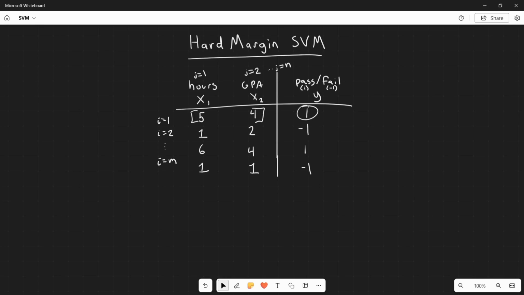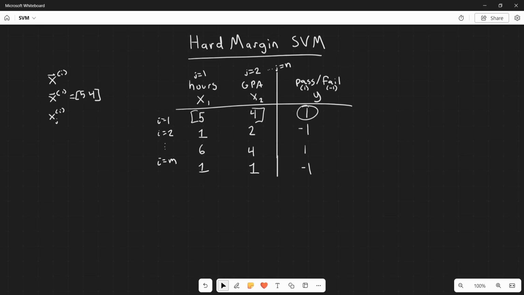And just a little bit more notation that's going to be helpful for us later on is we're going to say x vector at i is going to be looking at the ith student's features. So if we said x vector at 1, that would be looking at 5, 4. And if, say, we wanted to get just the GPA of that student, we could say x at i,j.